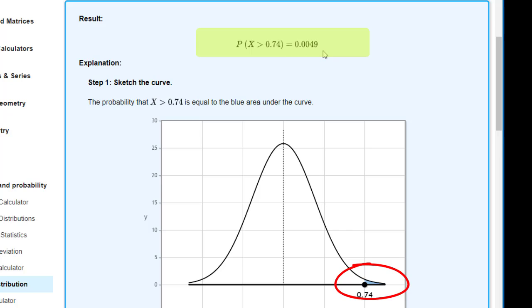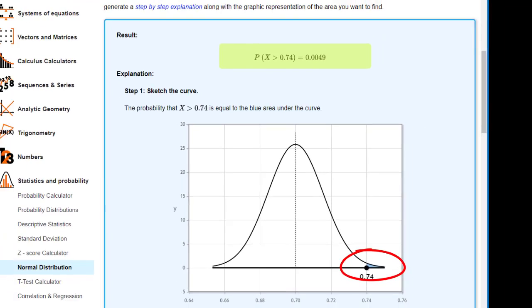Because this is saying that if you reject the null hypothesis with this proportion of 0.74, you're only going to be making an error less than 1% of the time. And you were willing to make an error 10% of the time. So this is much, much less of a risk.